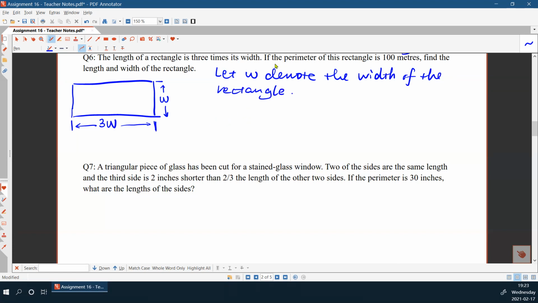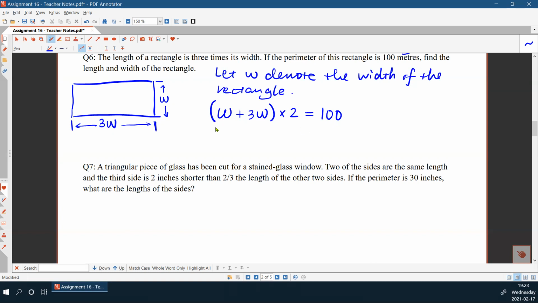And we also know that the perimeter of this rectangle is 100 meters. So that means W plus 3W, that's one length plus one width, right? The whole perimeter is twice this value, and this equals 100 meters.